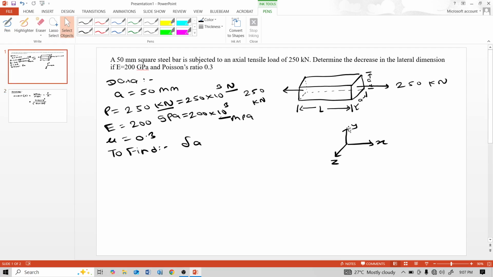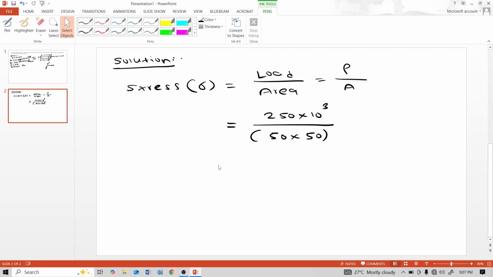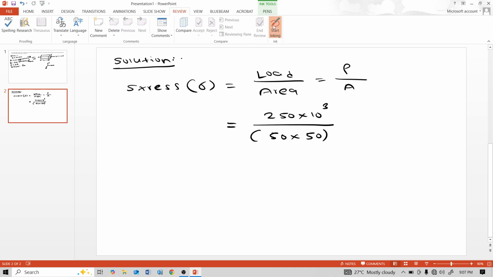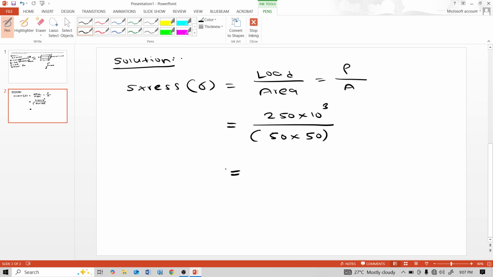This y direction and z direction dimensions 50 by 50 is equal to 250 into 10 raised to 3 upon 50 into 50 is 100 Newton per mm square. The unit of stress is Newton per mm square, or you may call it MPa, because Newton per mm square is equivalent to MPa. 1 Newton per mm square is equal to 1 MPa.